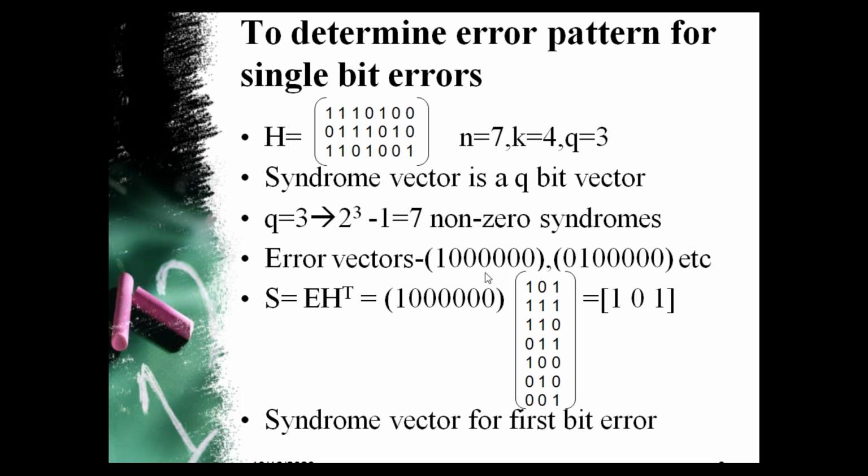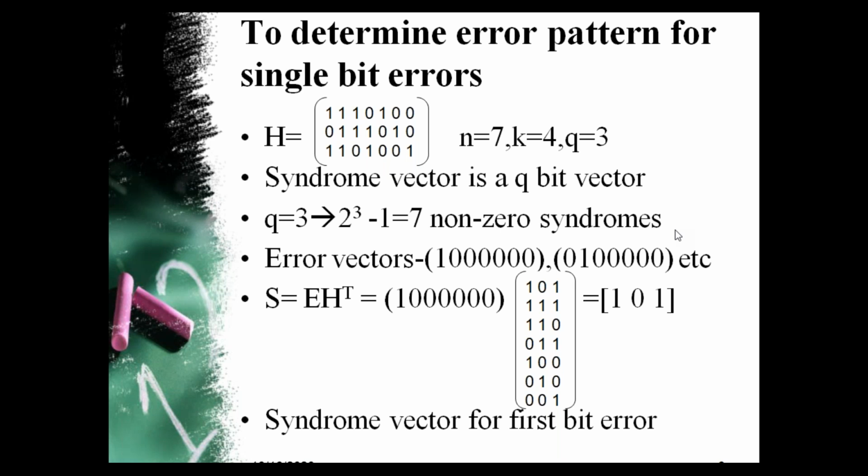And there will be different syndrome vectors. With q equal to 3, 2 raised to 3 minus 1, that is equal to 7. 7 will be non-zero syndromes. Then the syndrome vector is a q-bit vector, and there are different possibilities from 0 0 0, 0 0 1, up to 1 1 1.